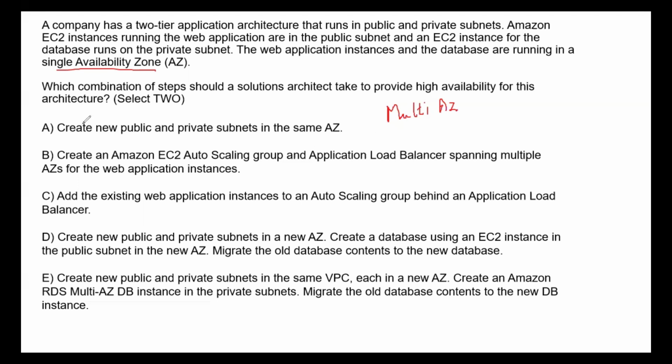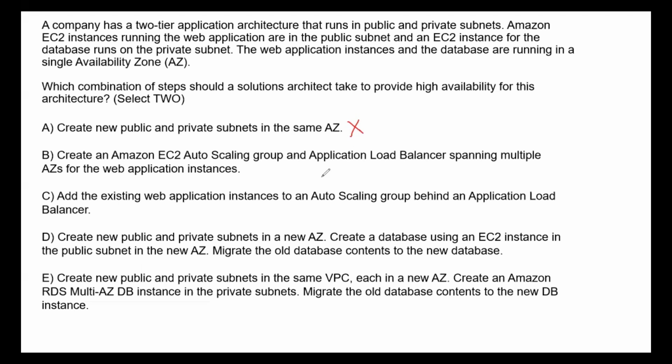So let's see which is close to this multiple AZ. Create new public and private subnets in the same AZ. Again, this is not going to achieve high availability. Let's exclude this. Create an Amazon EC2 auto scaling group and application load balancer spanning multiple AZs for the web application instances. Yes, because we have a web tier and a database tier.